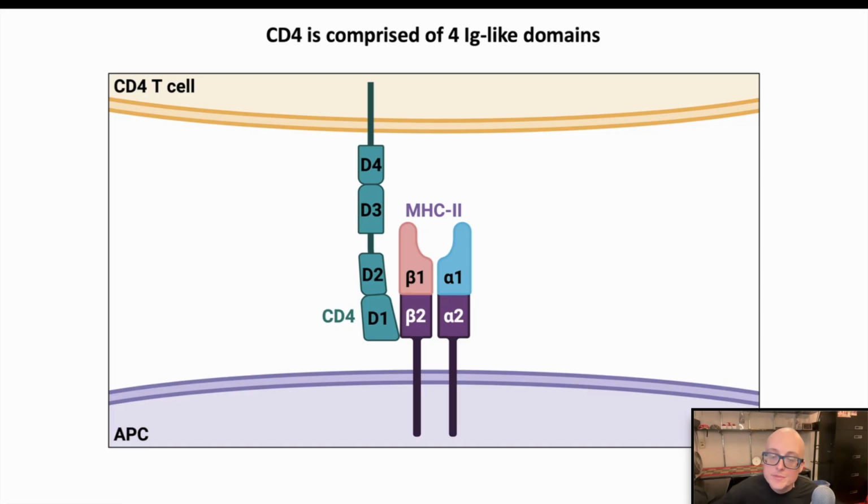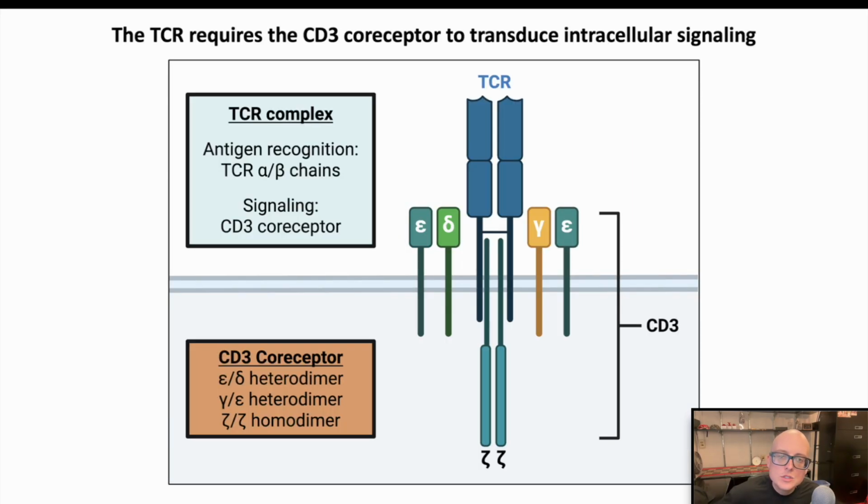In addition to MHC, either MHC class 1 or 2, or the co-receptor CD4 and CD8, of course, we have the T cell receptor itself, and the alpha beta chains of the TCR are what are important for antigen recognition, but there are additional elements of the TCR complex, which include not only the alpha beta chains of the TCR proper, but an additional molecule known as CD3, which we can also think of as a co-receptor.